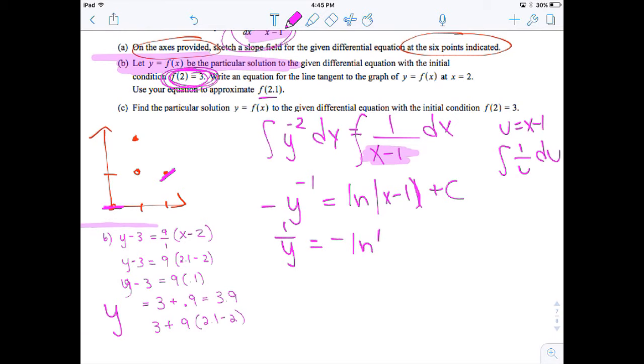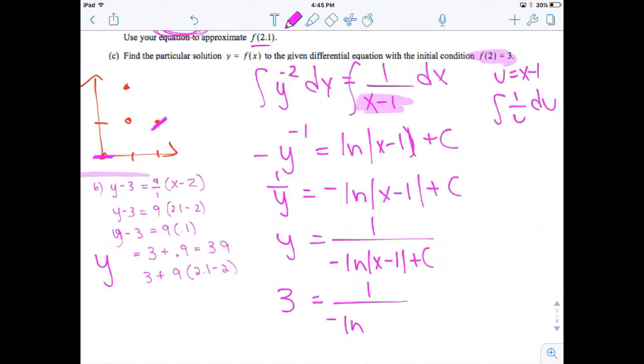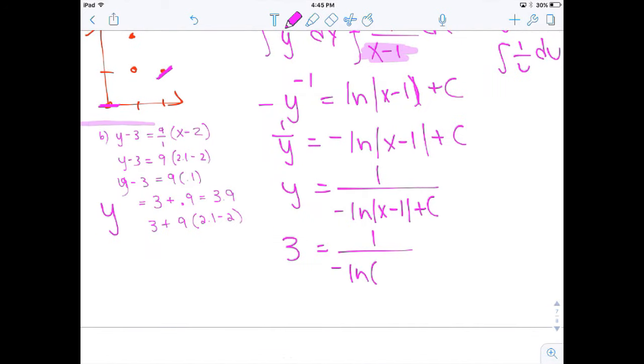Now I want to solve for that point. So 3 equals 1 over negative ln of 1 plus c. That's 0, and so c here would have to be 1/3. Then your solution would be, and it actually says f of x, so f of x equals 1 over negative ln absolute value of x minus 1 plus 1/3. You don't need to simplify more.